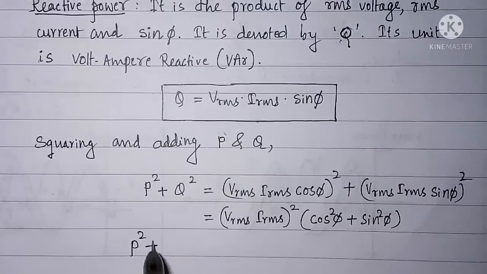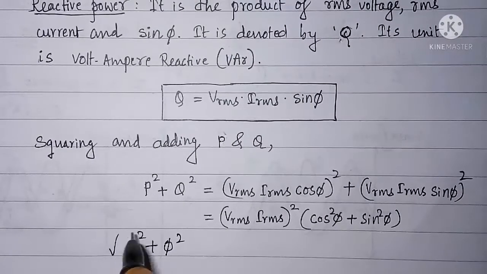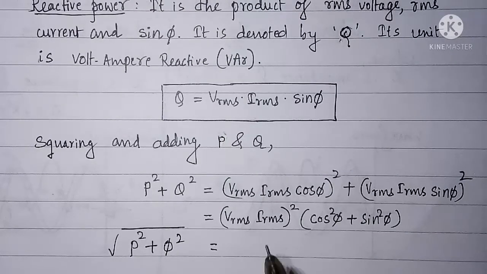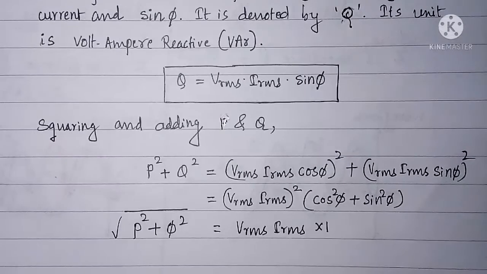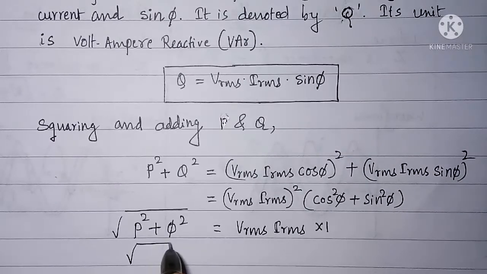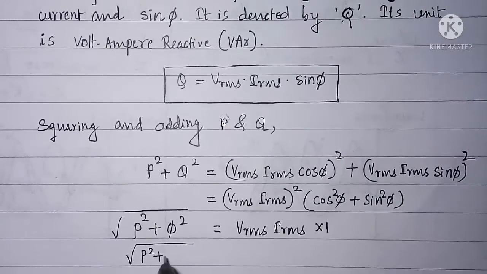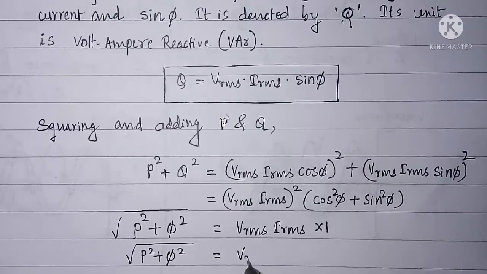Taking square root on both sides, we get Vrms into Irms into 1, that is square root of P square plus Q square equal to Vrms into Irms.